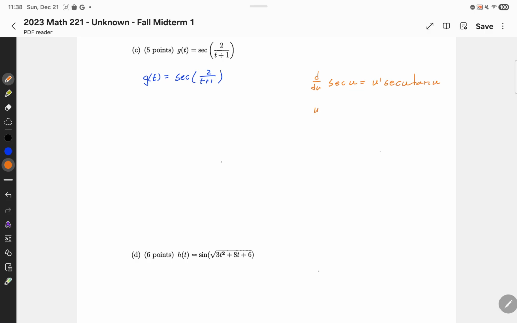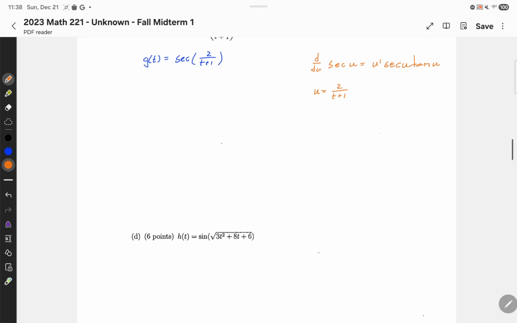So if we have u as 2 over t plus 1, what is the derivative with respect to t of 2 over t plus 1? And this is, of course, what we call u prime. And now we can imagine factoring out this 2, and we're just left with 1 over t plus 1.